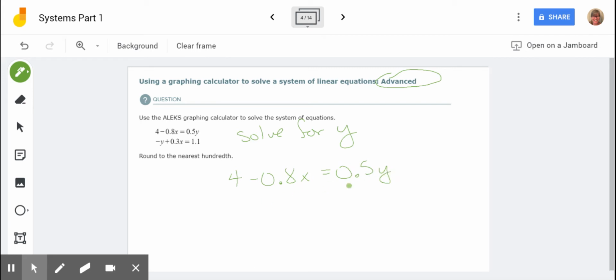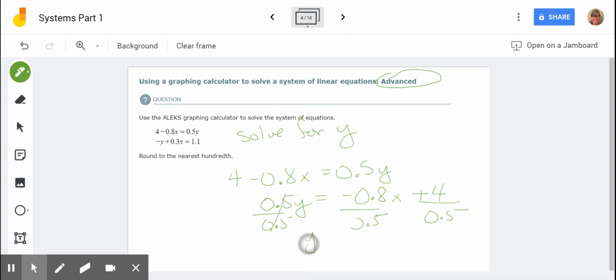Some of you might not be happy with the y on the wrong side, so you could rewrite it in terms of y equals mx plus b so you could understand it. The slope is, well, we don't know what the slope is yet because I have to divide everything by 0.5.